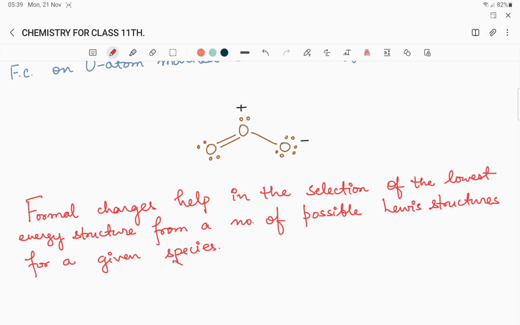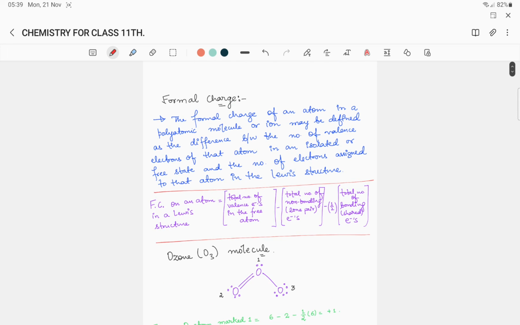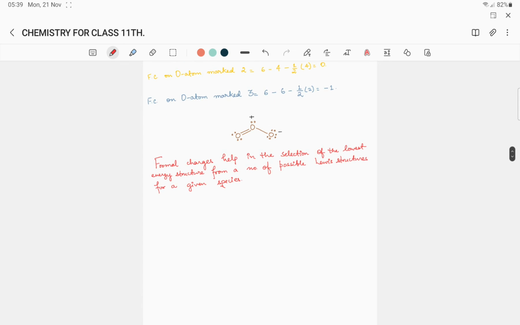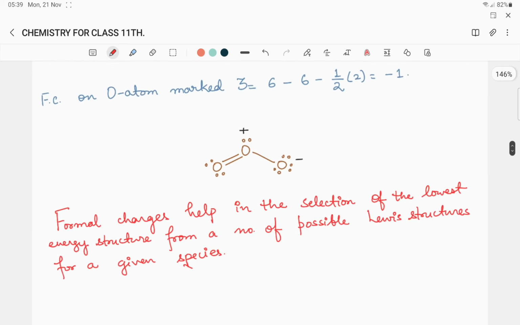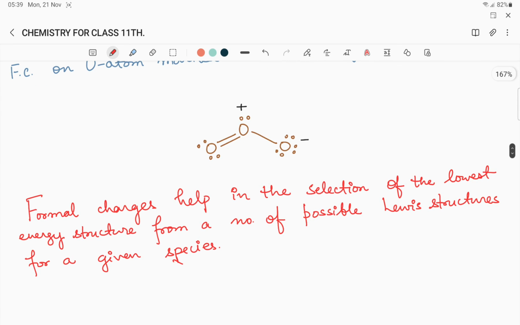Okay. So that's all for today's lecture, and I think you would have learned what formal charge is, and by solving this problem you can apply this concept to calculate formal charge on other atoms of other molecules also.